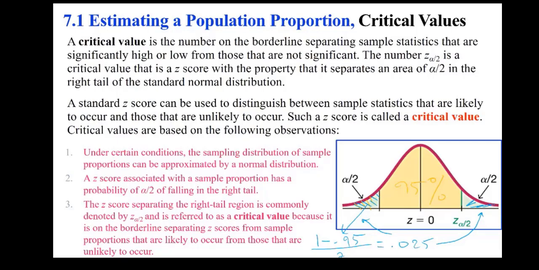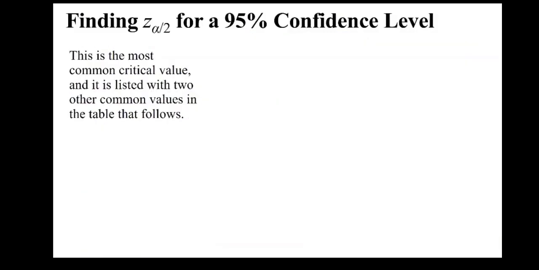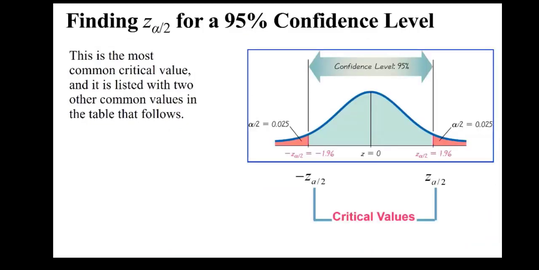And those values can be looked up from the table. Finding that from the table, take a look at the graph. We have 95% in between, and to look up the values, those happen to be very common values, and you can look them up from the table. It becomes 1.96, and because it's a confidence interval, it's positive and negative 1.96.